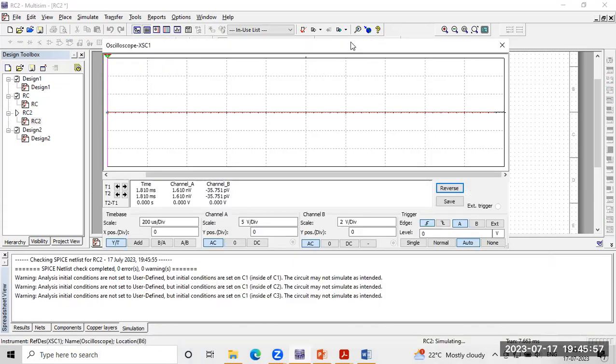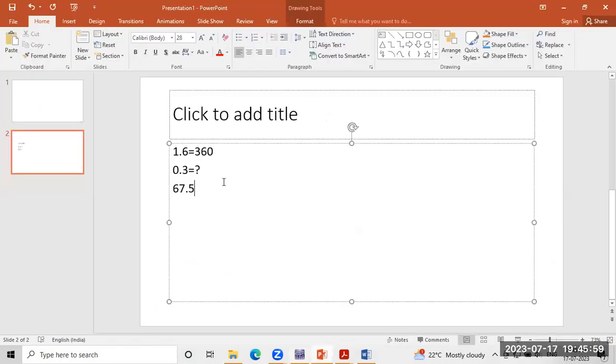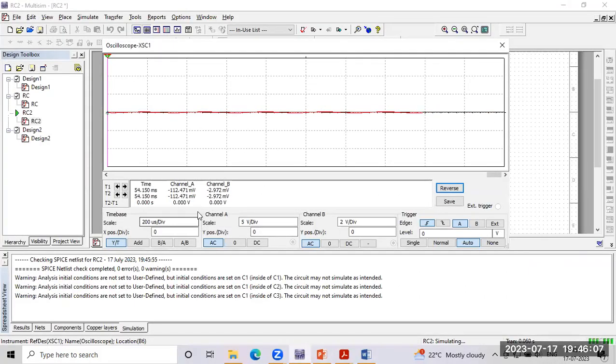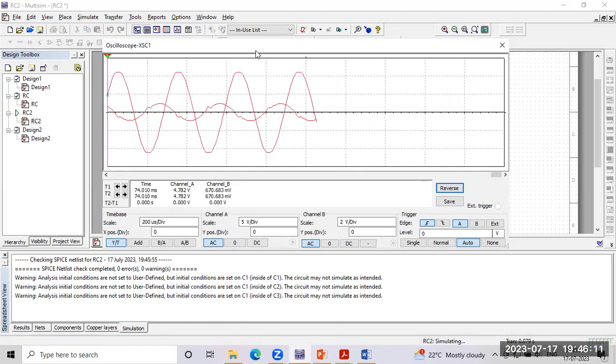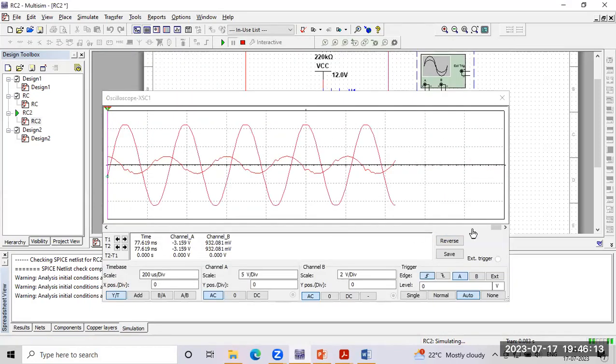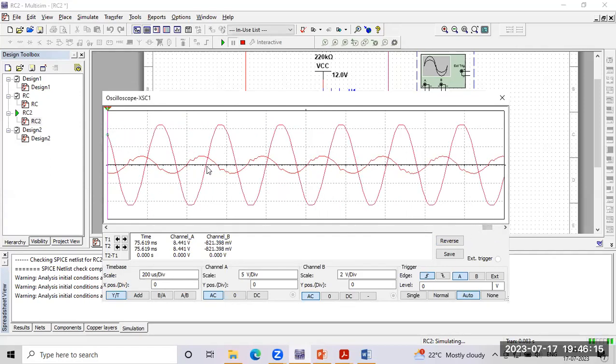Now the same procedure. One full cycle equals 1.6, equal to 360 degrees. Here this 0.3 is going to change. Just hold the output and measure here.